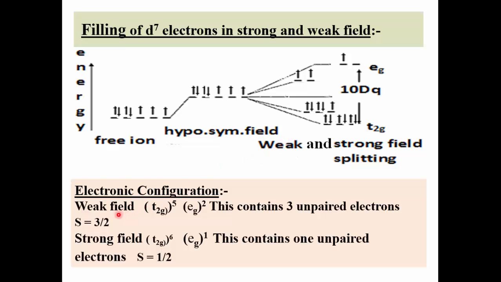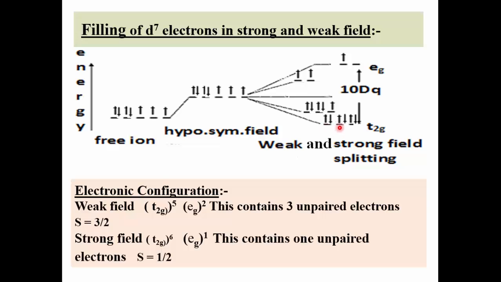So electronic configuration in weak field is T2g5 and Eg2, which contains 3 unpaired electrons and the value of spin is 3/2. Okay? So it contains 3 unpaired electrons. Now you see in strong field what happened? In T2g orbital there are now 6 electrons.